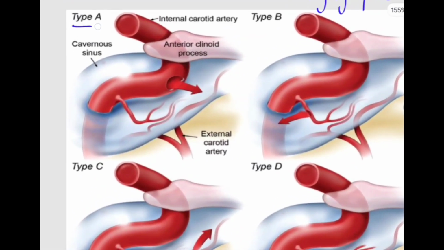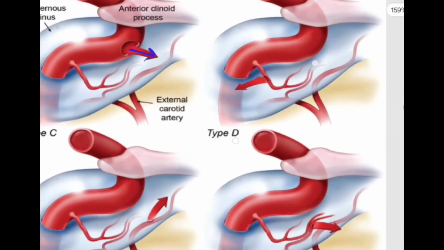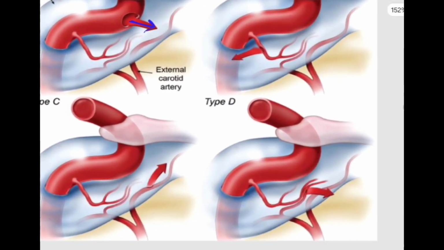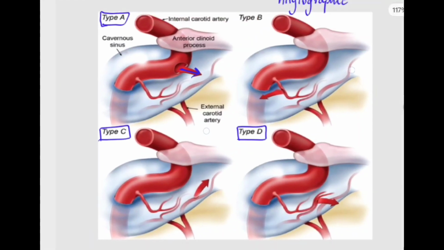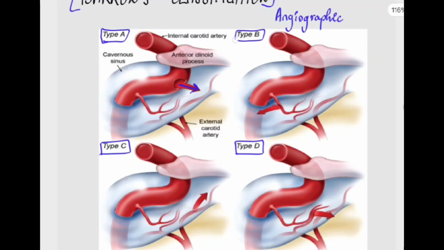Barrow's type A fistulas are direct communication between the internal carotid artery and the cavernous sinus. Barrow's type B, C, D are indirect dural shunts because these fistulas arise from dural arteries and not directly from the internal carotid artery.